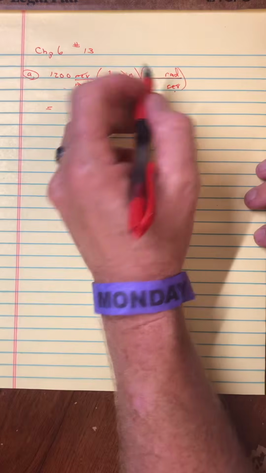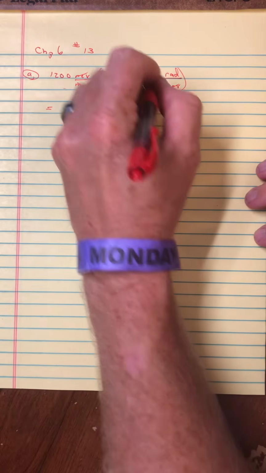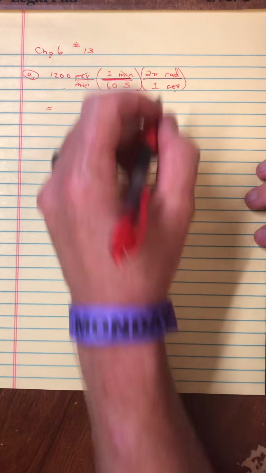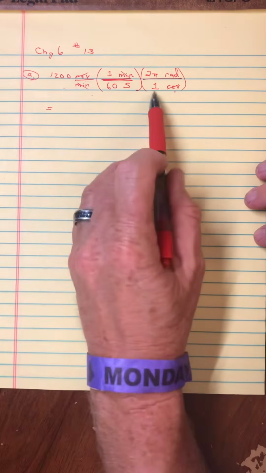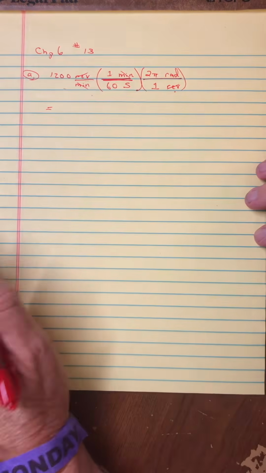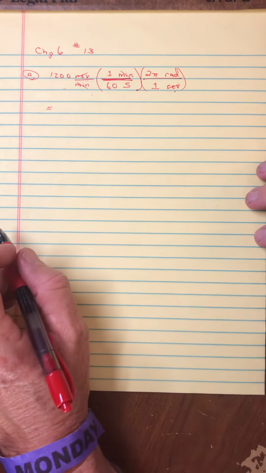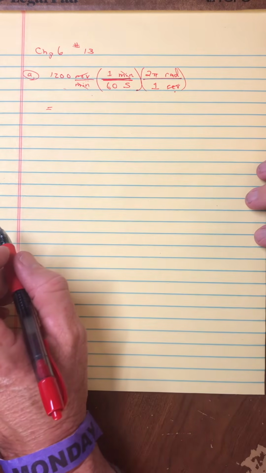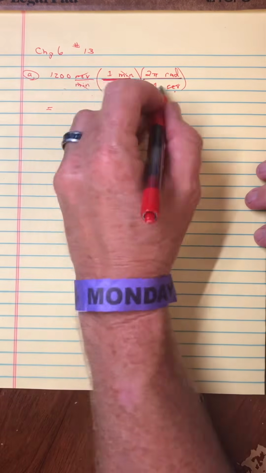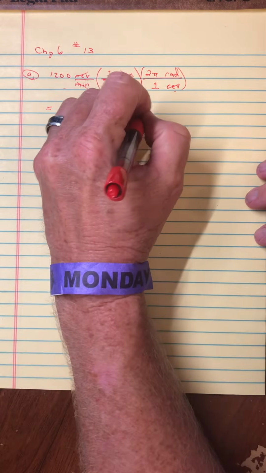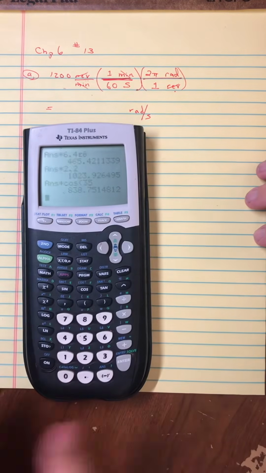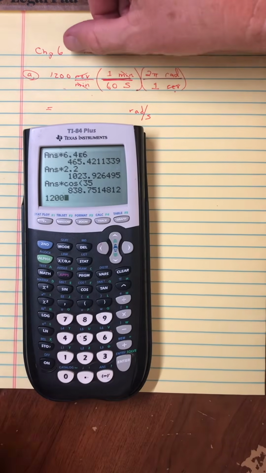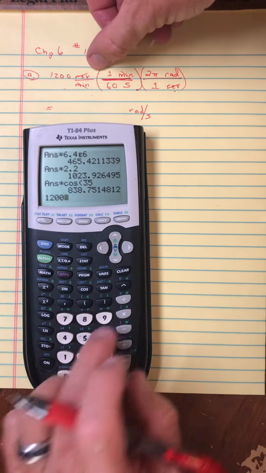And so here I would say 1 revolution is 2 pi radians, because that's a whole circle around. 1 revolution is a full circle. A full circle is 2 pi radians. So looking at the units, I would have now just converted it into radians per second. So now I'm ready to get my calculator. So here's 1,200.